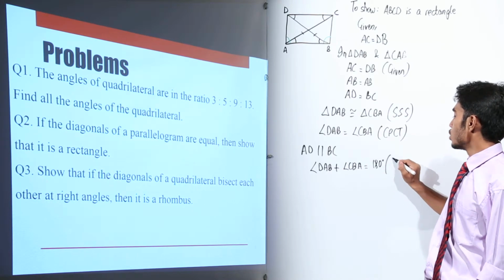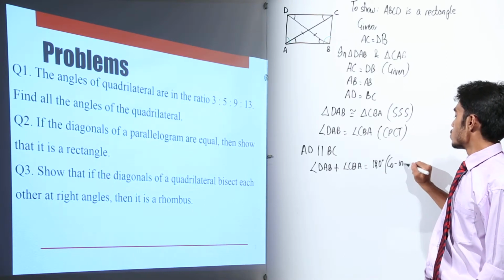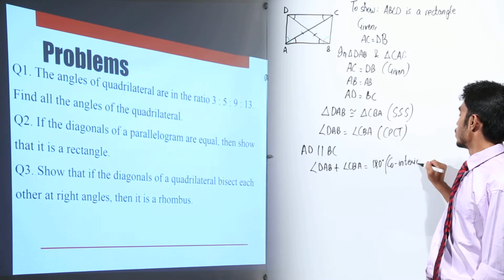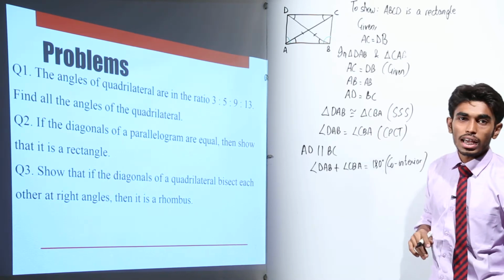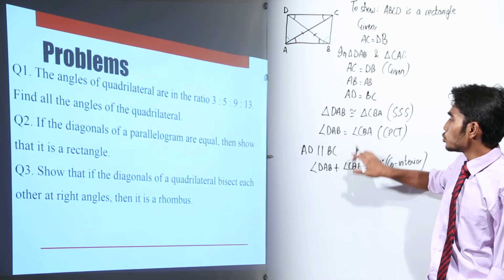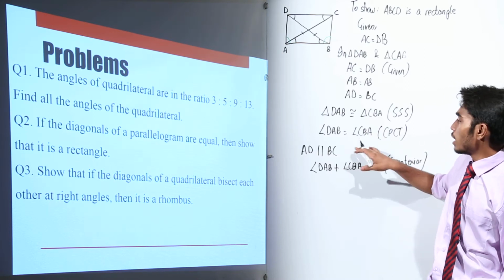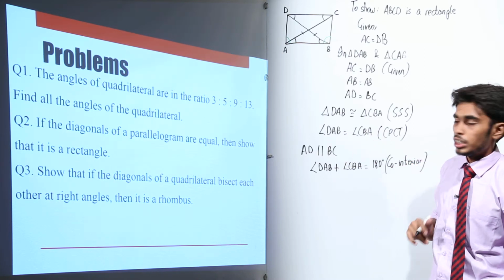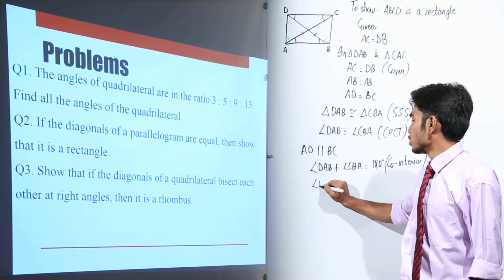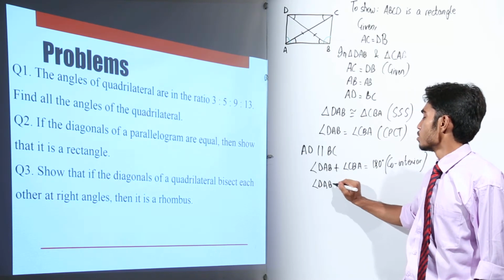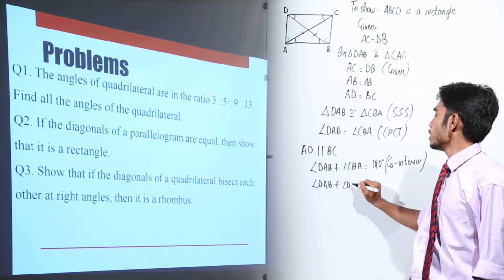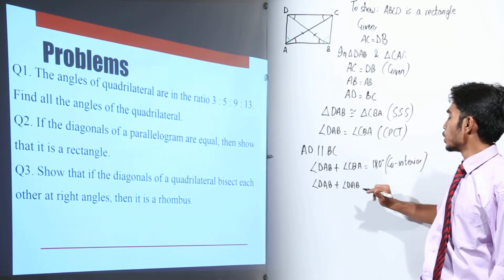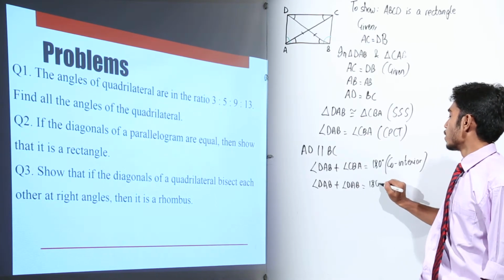Why? Because they are co-interior angles, right? Now because these two angles are equal, I can write angle DAB for angle CBA. So this becomes angle DAB plus angle DAB, because both are equal, is equal to 180 degrees.